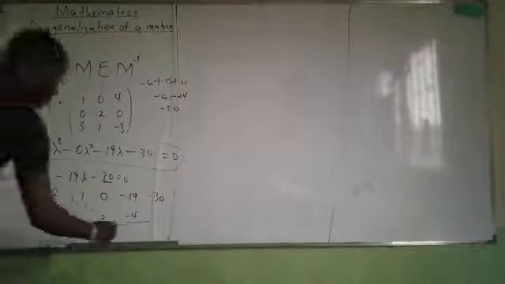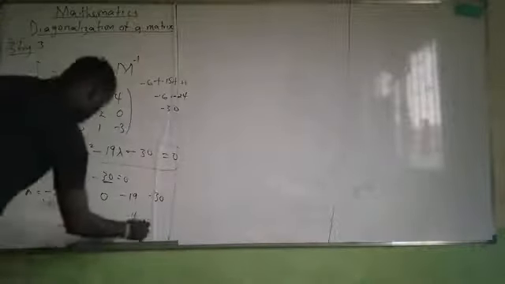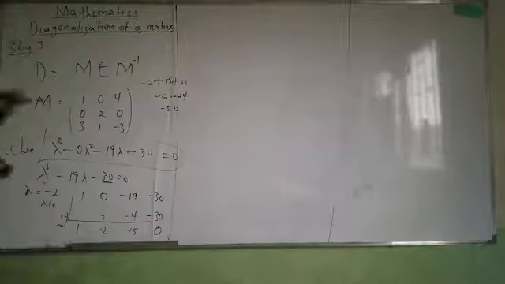I will write my 4 here. That will be minus 4. Now, minus 19 minus 4, that will be minus 15. Now, minus 15 times 2 will be minus 30. Now, minus 30 minus minus 30 is going to be 0.